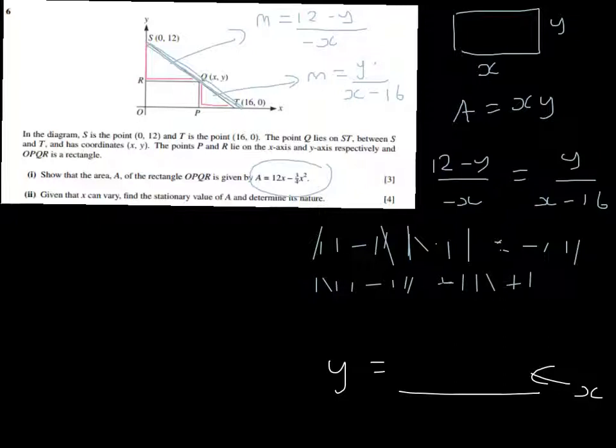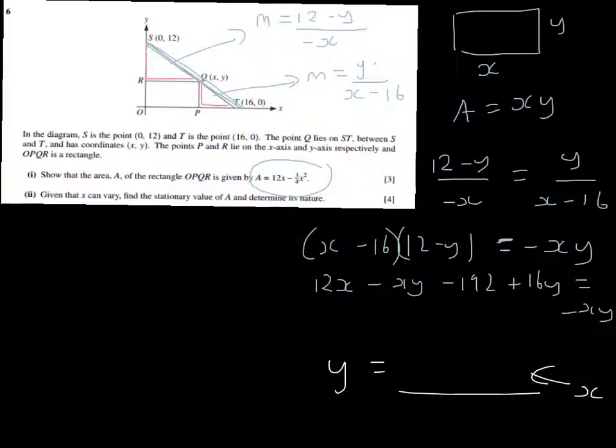Plus 16y. And that all equals negative xy. Hopefully you can see what we want to do is put the y's on one side and x's on the other side. So if I add xy to that side, it's going to become 0. If I add that to the other side, it's 192, and that becomes negative 12x.